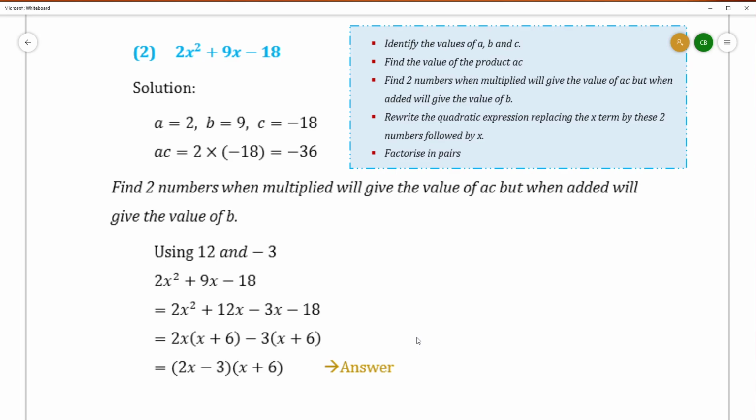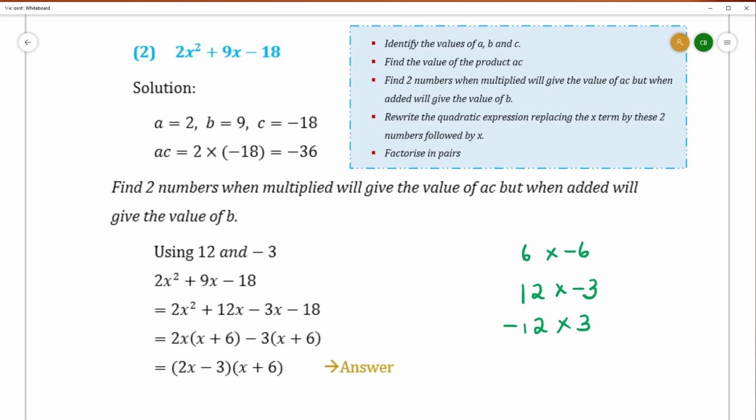Numbers we can use would be 6 by minus 6. We can use 12 multiplied by minus 3, minus 12 multiplied by 3. All of these would give negative 36 when we multiply.